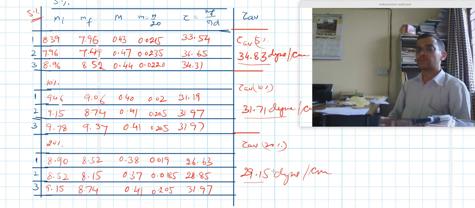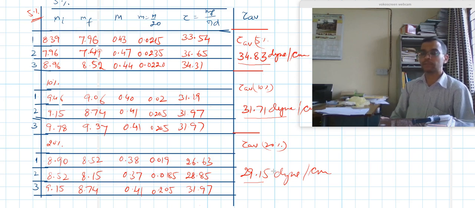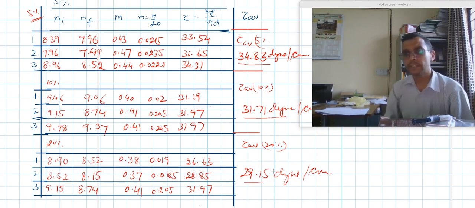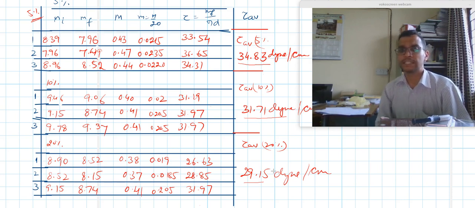Thus the surface tension of soap solution is smaller than pure water, and with the increase in concentration the surface tension of the liquid decreases.